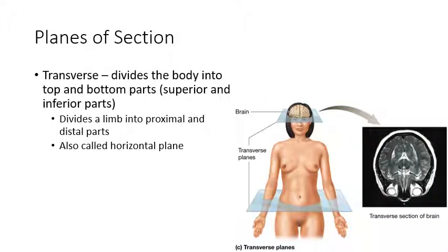And then finally you have the transverse section, or the transverse plane, which is basically a cut going across the body, perpendicular to the body, so dividing it into a top part and a bottom part, or superior and inferior parts. If you made that cut through a limb, though, you would be dividing it into a proximal part and a distal part, not a superior or an inferior part. And another name for the transverse plane is the horizontal plane, because it is oriented horizontally.